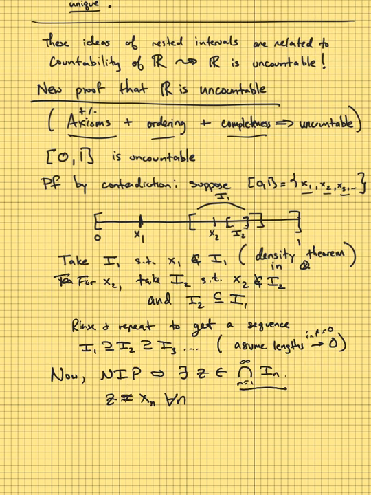So this is because z is in I sub n for all n and xn is not in I sub n. Okay, so they can't be the same element. You can think of this as some sort of diagonalization argument, right? You're finding this element z, which on one of the intervals has to differ from any element of your sequence. And if they're not in the same interval, then they're not going to be the same element. Okay, so that's the proof.